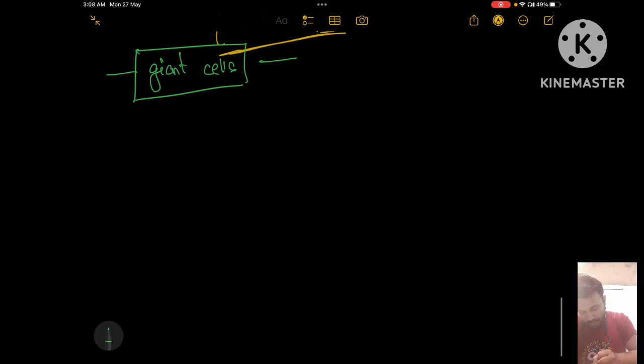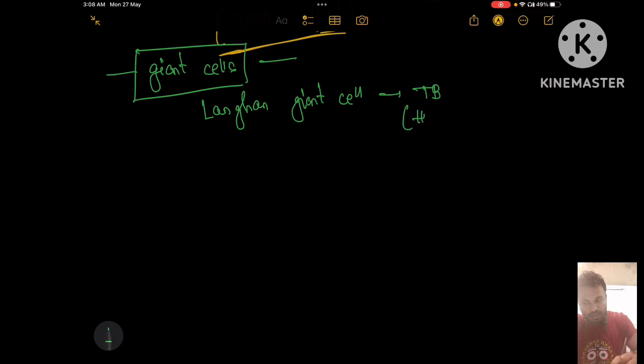First, Langhans giant cell, seen in TB, horseshoe shape. Langhans giant cell in TB, horseshoe shape.